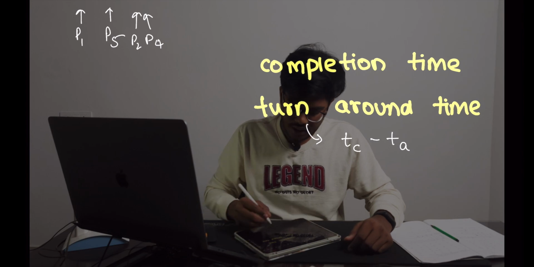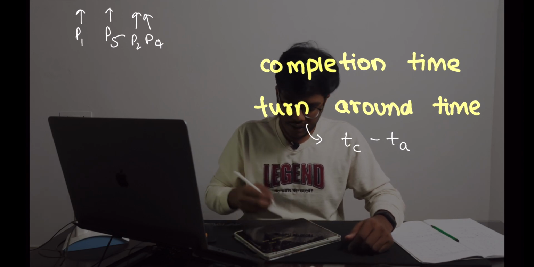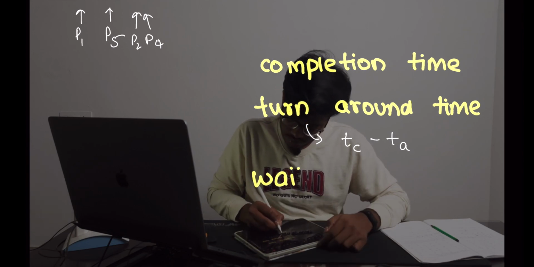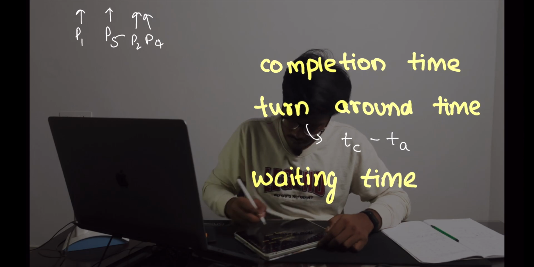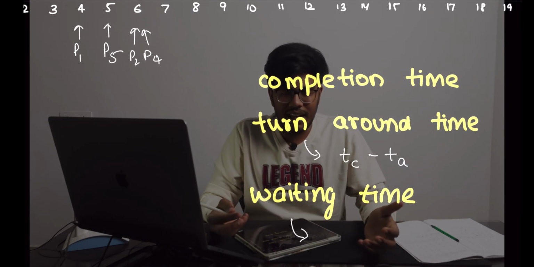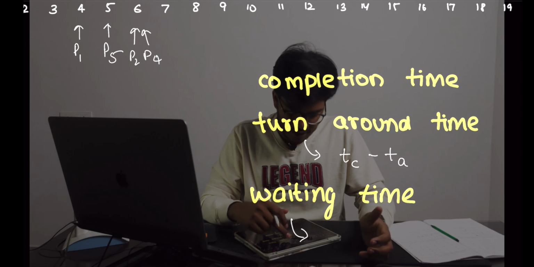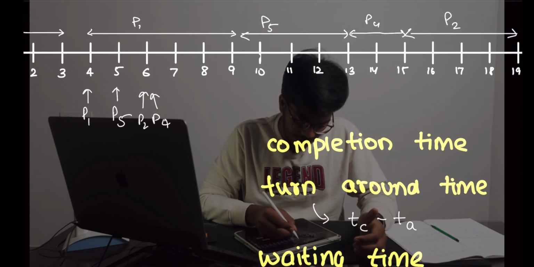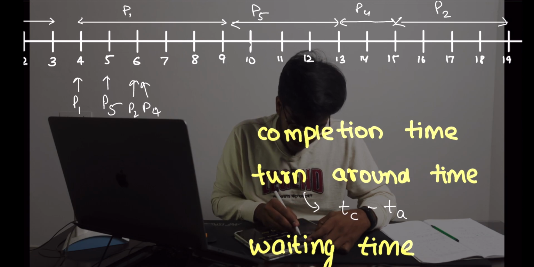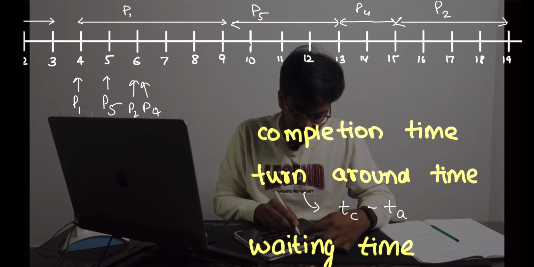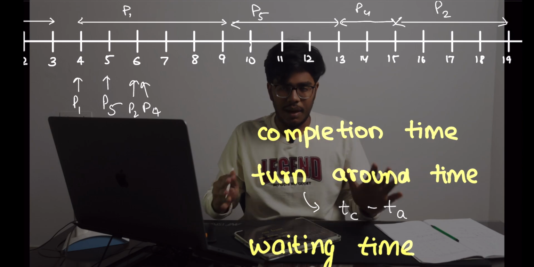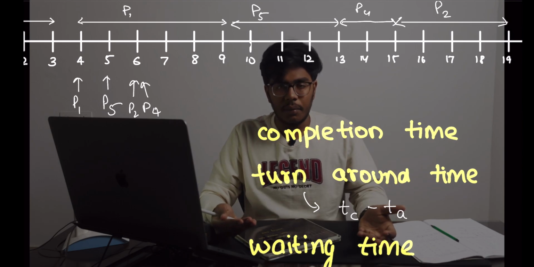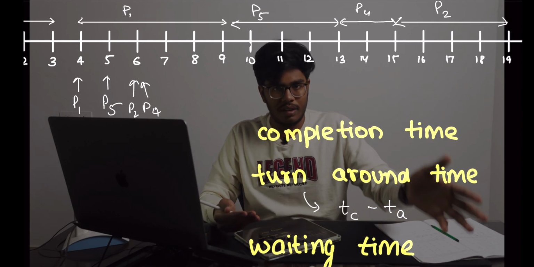Now another term that we need to discuss is called waiting time. Waiting time, as the name suggests, is how much time the process has waited. Consider the case when P5 is waiting from time t equal to 5 to time t equal to 9. It is in idle state. It is ready, but it is still waiting because the operating system is blocked on some other process.